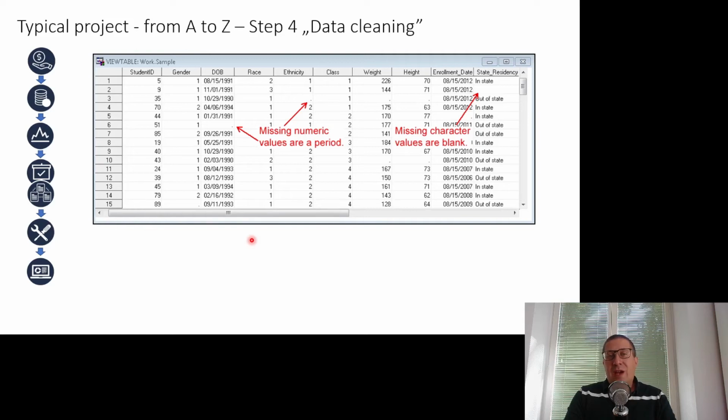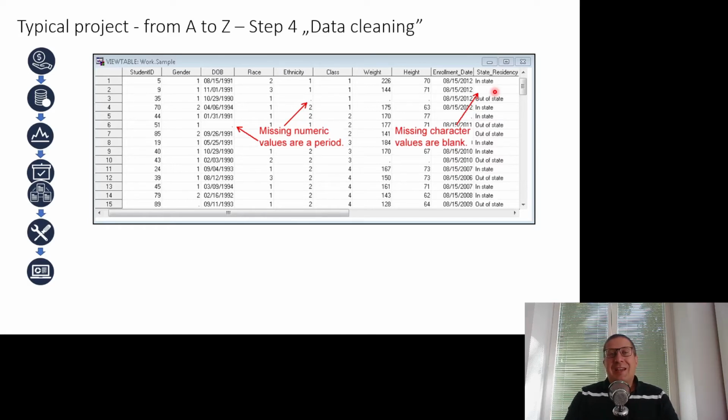We can also have missing values, like here. Here we have a missing value, or the missing value can be expressed in a different way, depending on the system or depending on the human being that enters the information about the missing.